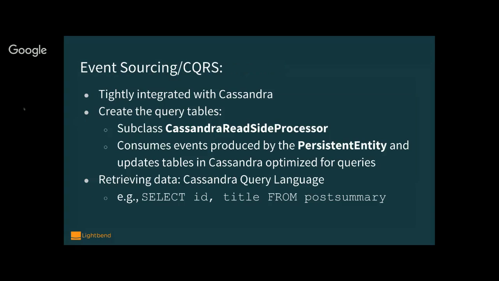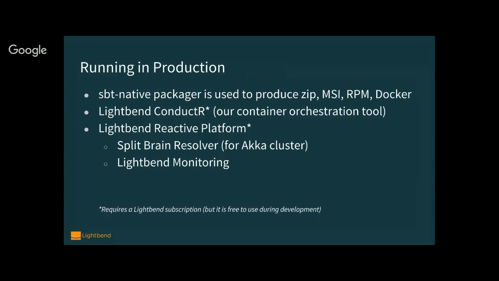So there are different tables. You have the persistent entity table, which stores the events, and then you'll have these other tables in Cassandra, which essentially are optimized for querying. And then you can use the Cassandra query language, and here's an example: select id, title from post summary, etc. So these features are baked into the structure of Lagom.